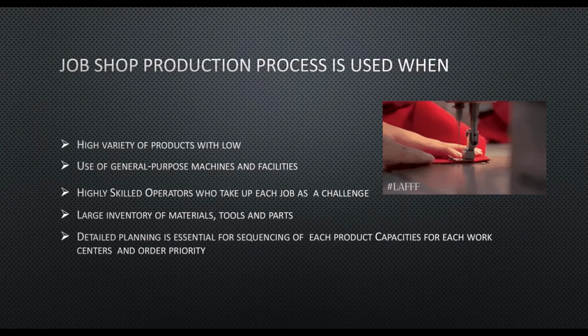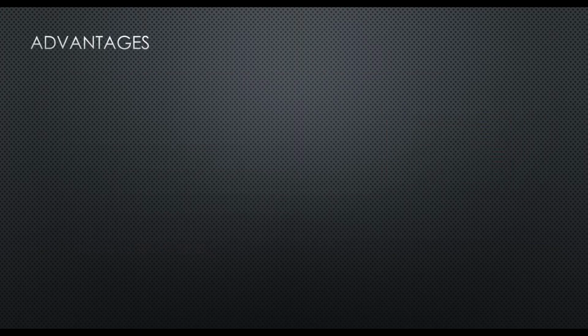If you see the advantages of a job shop production system, the first advantage is high flexibility in production engineering, and the second one is high expansion flexibility, meaning machines are easily added or subtracted by the requirement of any customer.